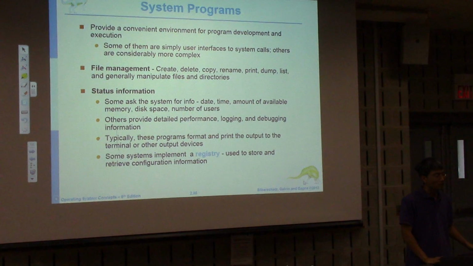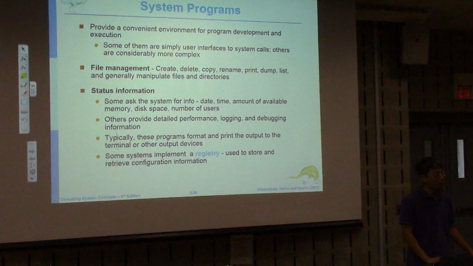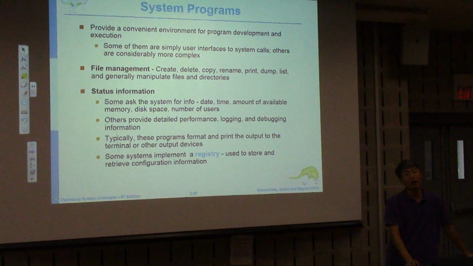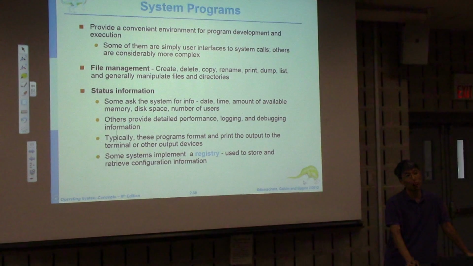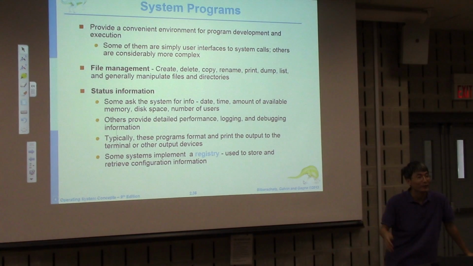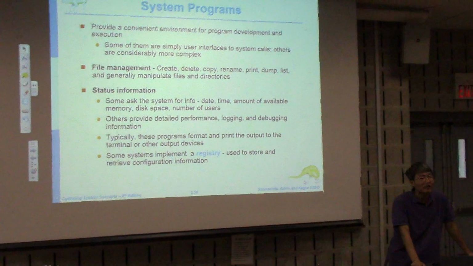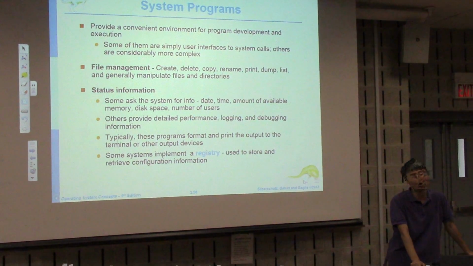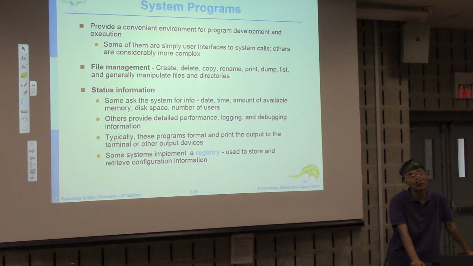So it's a similar category to the system library. So you can create file management and status information. In the second project, eventually you are going to do system programming for file management. You are going to implement a portable file system. Okay. It can be based on Windows, it can be based on Linux, it doesn't matter.